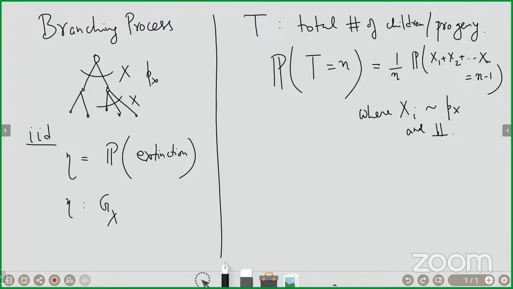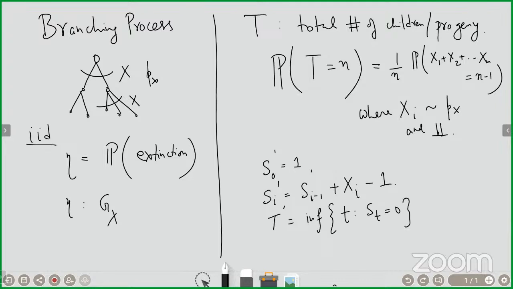So just to recap, we had this process S0 prime was 1 and Si prime was Si minus 1 prime plus a new copy of X minus 1, and we defined T prime for this. T prime and T had the same distribution. You should really think about that; that's what this x1 plus x2 up to xn will be like.